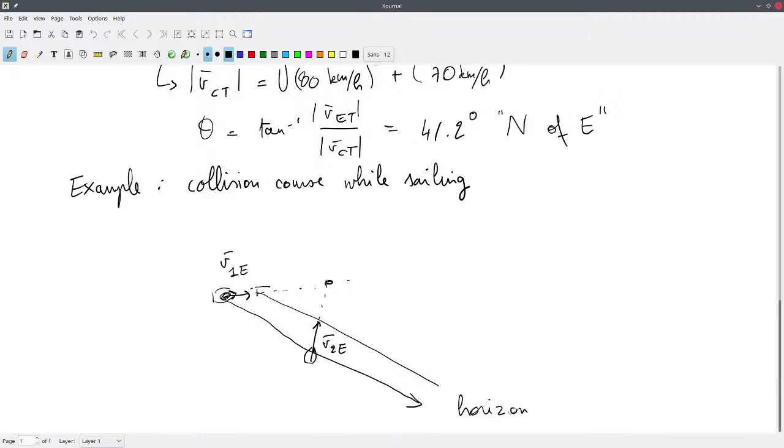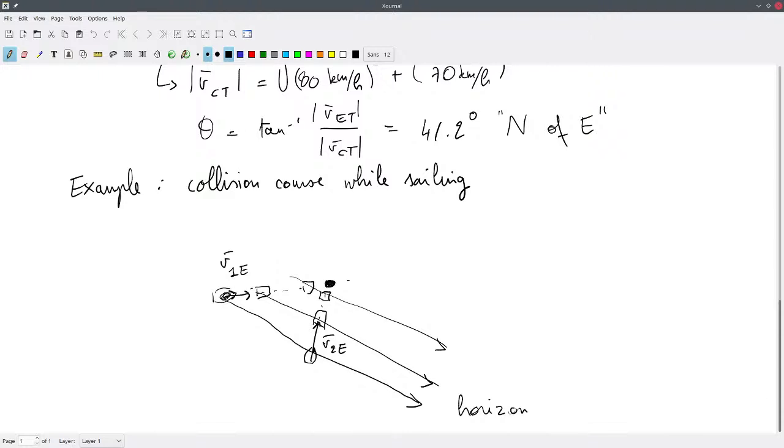If a little bit later your boat is here and the other boat is here, and a little bit later your boat is here and the other boat is here, and that direction doesn't change and it's always pointing to the same point on the horizon, where hopefully you have a tree or another marker that you can look at, that will mean that you're on a collision course and you'll end up at the same point at the same time, which is of course not a good thing.